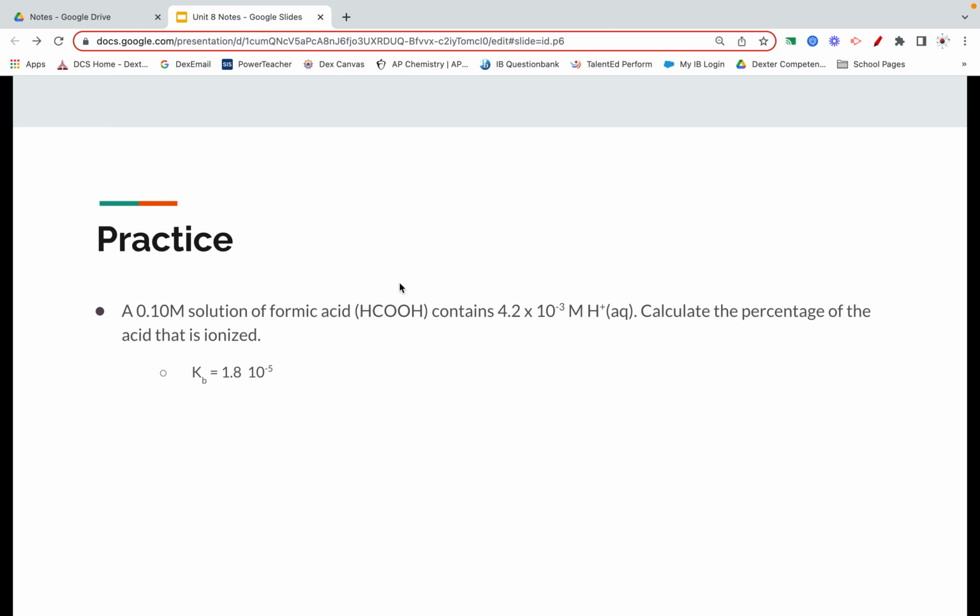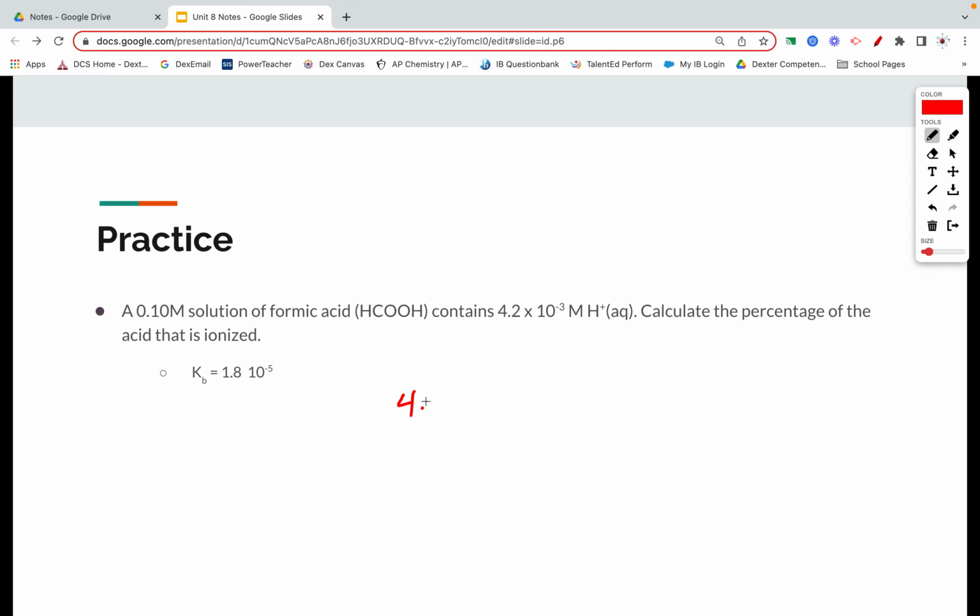So let's look at a practice. We have our concentration of hydrogen ions. I put the Kb on the wrong page; that should have been on the previous page. So the concentration of our hydrogen ions is 4.2 times 10 to the negative third, and the concentration of our initial acid solution is 0.1.